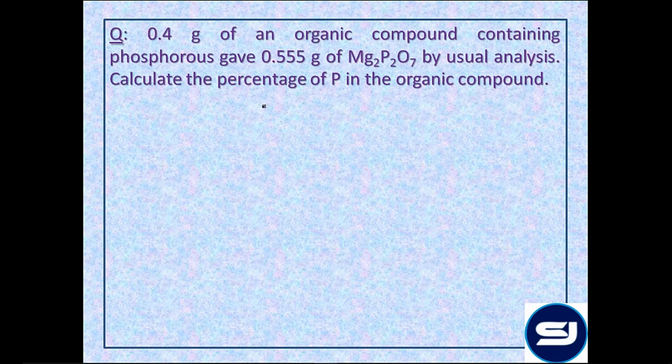An example: 0.4 gram of an organic compound containing phosphorus gave 0.555 gram of Mg2P2O7 by usual analysis, and we have to calculate the percentage of phosphorus in the organic compound.